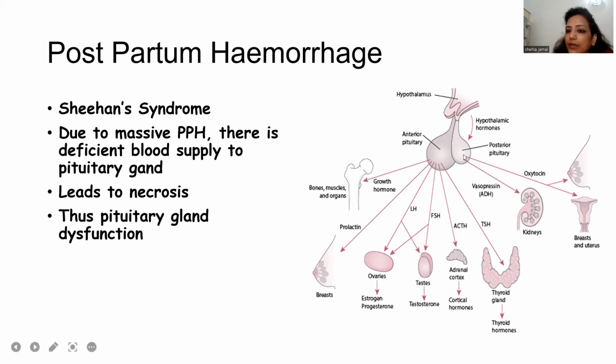Then posterior pituitary releases vasopressin, which is antidiuretic hormone, functioning on kidney, maintaining the GFR and urine output. Posterior pituitary also releases oxytocin, which is again important for uterine contraction during delivery and maintaining lactation reflex. So if this anterior and posterior pituitary is destroyed, see the effect that the body is going to have.